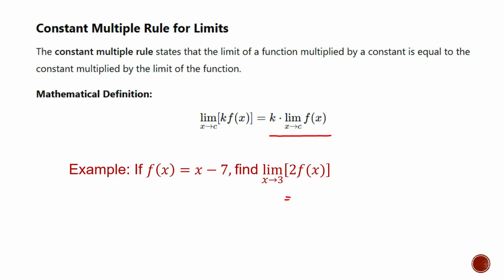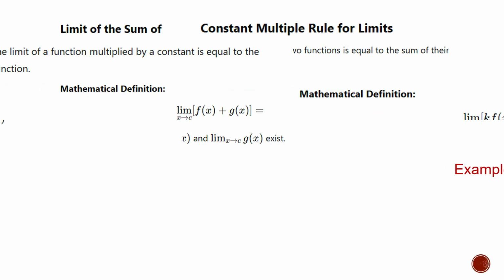So 2 times, as x approaches 3, this is 3 minus 7, which is equal to -4. So that means I will just multiply that by -4, and the answer is going to be -8. All right. Let's go to the next one.